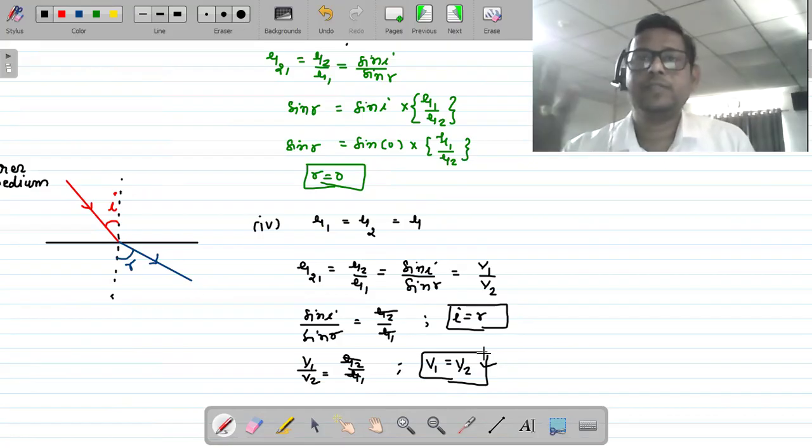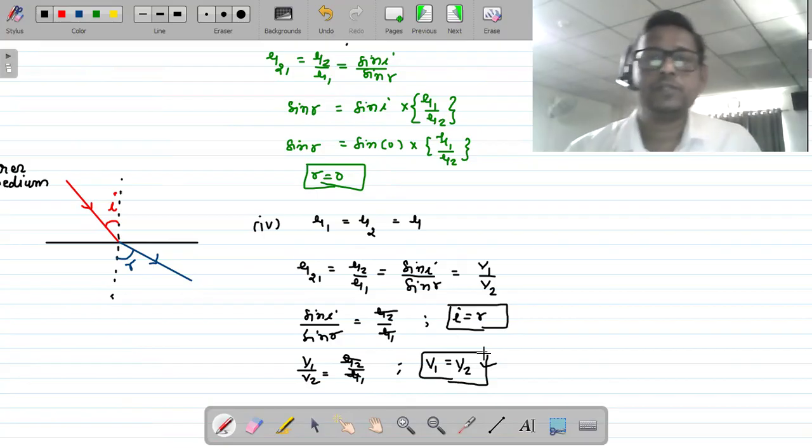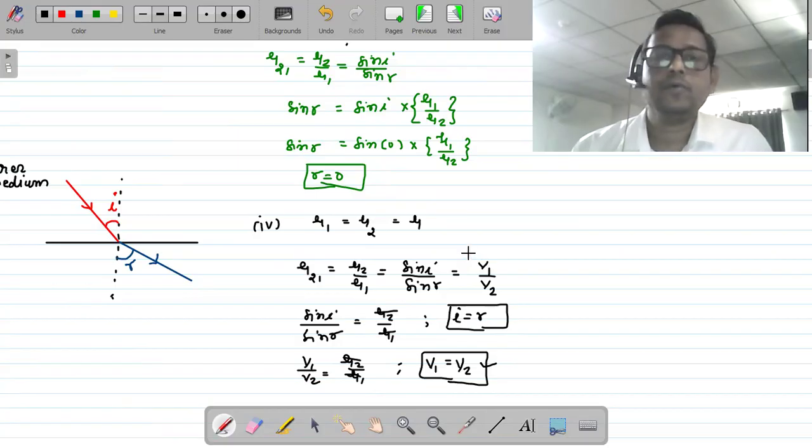Refraction of light means when the light ray travels from one medium to another medium of different optical densities, its speed changes, and because of the change in its speed, the light ray bends. This bending of light is called refraction of light. Now, in this case, there is no change in speed, so there will be no bending, and because there is no bending, I can say there will be no refraction.